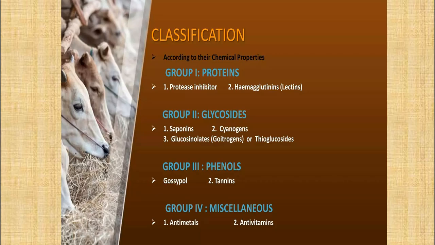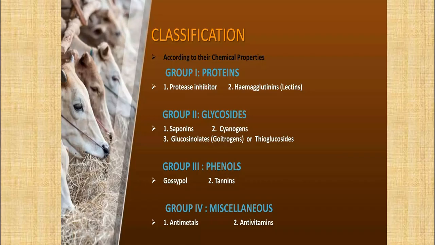So already we have dealt with group 1, this is a revision: protease inhibitors, then hemagglutinins. Hemagglutinins are going to form a clump with the different erythrocytes in the body, whereas group 2 is glycosidases.